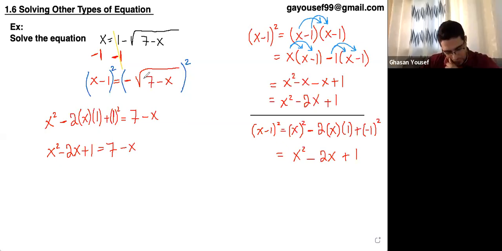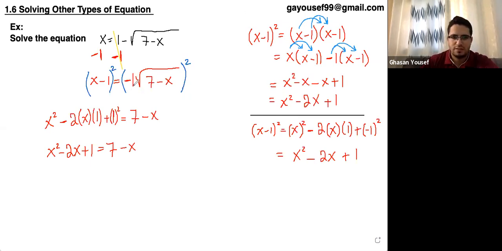Exactly. The negative is raised to the power 2 and the radical is raised to the power 2. I distribute the exponent 2 inside the parentheses, to the radical and to the minus.